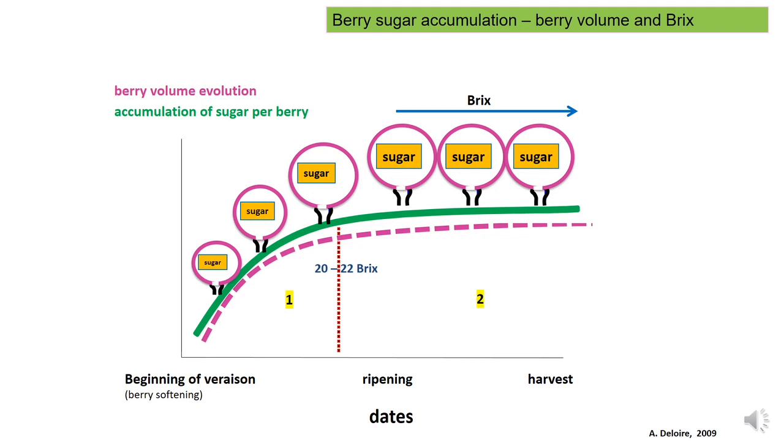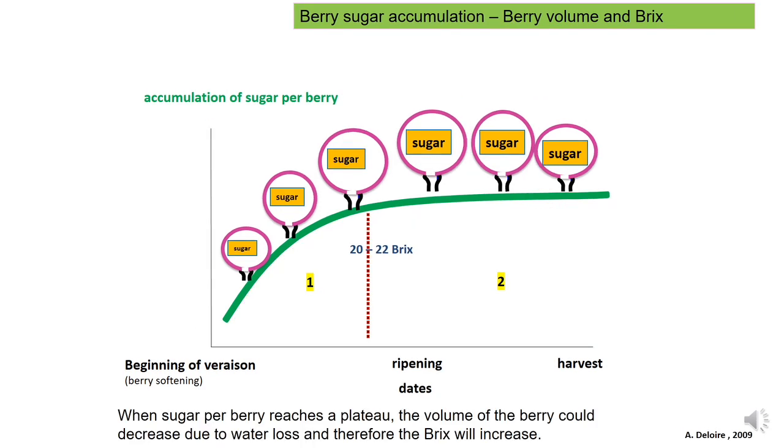So sugar concentration is just an equation between sugar per berry and the volume of the fruit. The reality of a vineyard for most varieties is that from the plateau of sugar accumulation, because there is no more water accumulation, perhaps due to the interruption of the phloem functioning, the fruit will lose water.